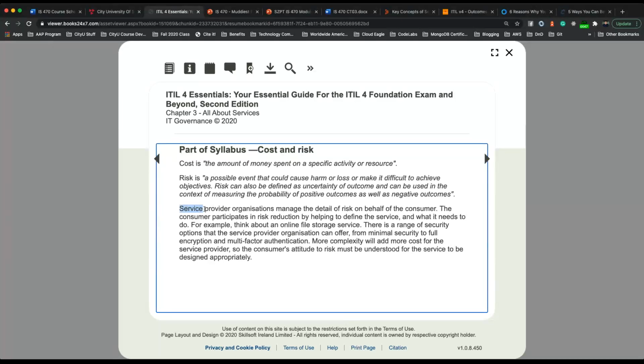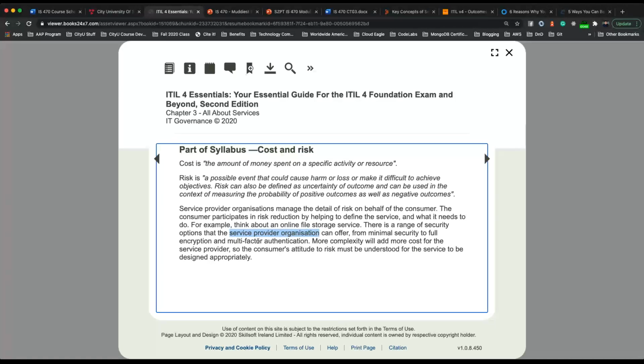Service provider organizations may manage the detail of the risk on behalf of the consumer. The consumer participates in risk reduction by helping to define the service and what it needs to do. For example, an online file storage service, there is a range of security options the service provider organization can offer. Now, you can think of this as Alibaba Cloud or let's say Amazon Web Services.